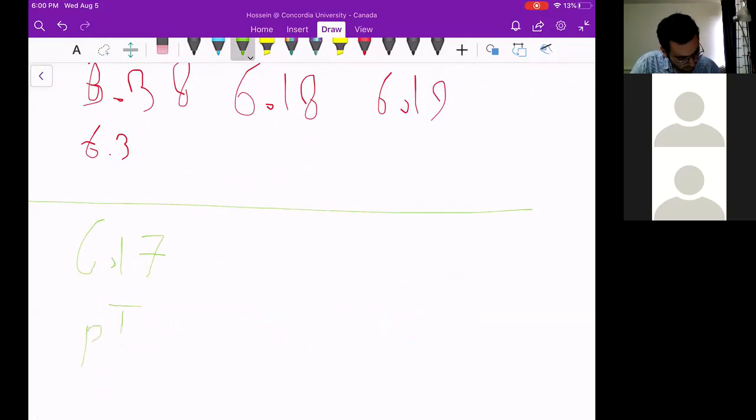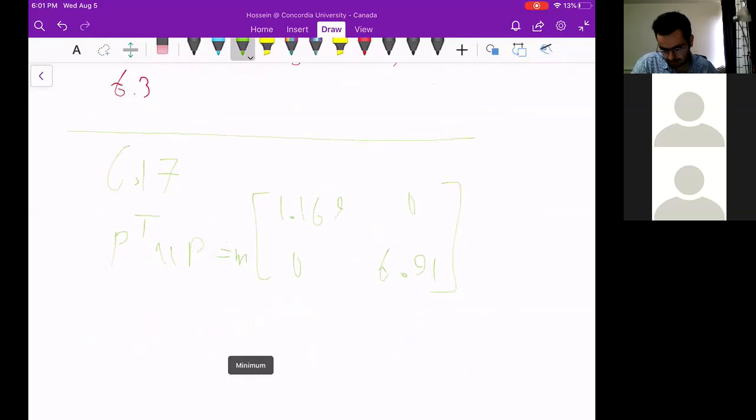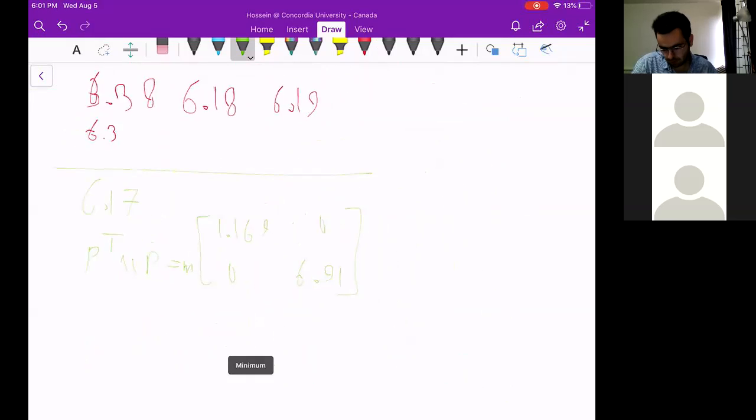P transpose MP is going to be a small m, factor out, 1.169, 0.006, 91. And K we already obtained.